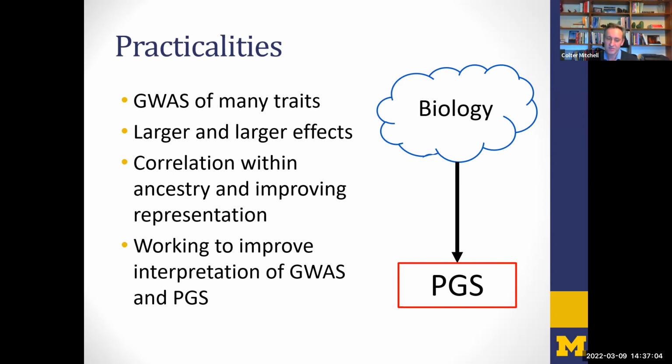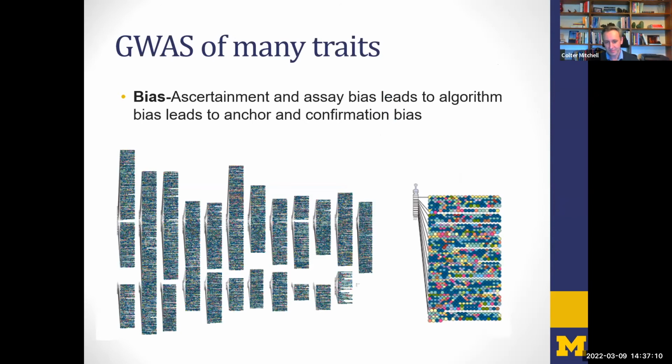And part of it is that there's just so much room to work on improving the interpretation of GWAS and polygenic scores. So this comes from the GWAS catalog. Keep this in mind, there's ascertainment bias here. You can't really see them here, but these are your chromosomes, 22, and then your sex chromosomes.